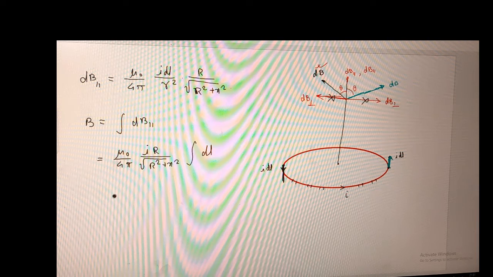We will be getting the circumference, right? So mu 0, circumference of the loop, 4 pi, I R divided by, yeah, here R square we have left. Cos theta, R square. So this will give you 3 by 2 actually.